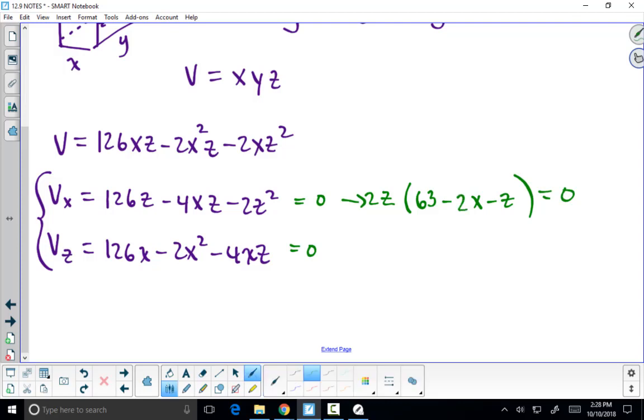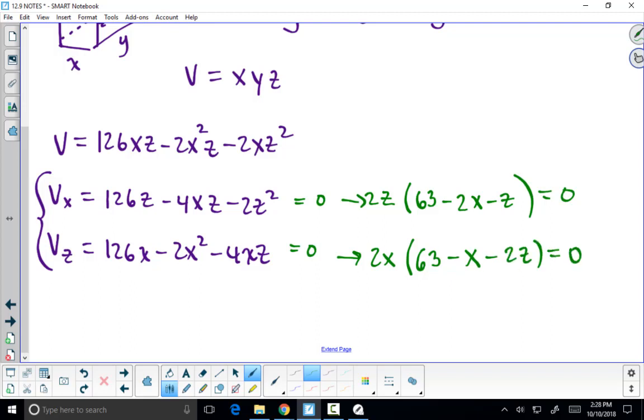Minus 2z equals 0. Same idea down here. Pull out a 2x, and we're going to have 2x multiplied by something that looks really similar: 63 minus x minus 2z.